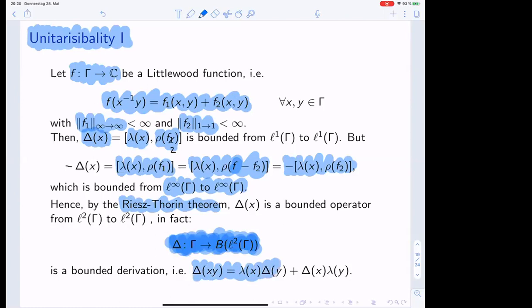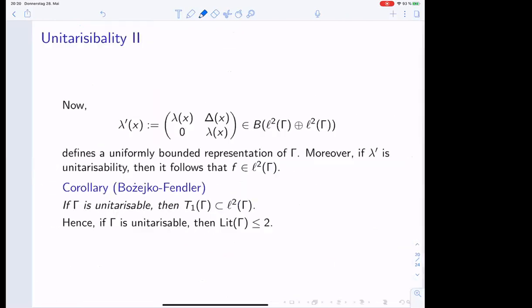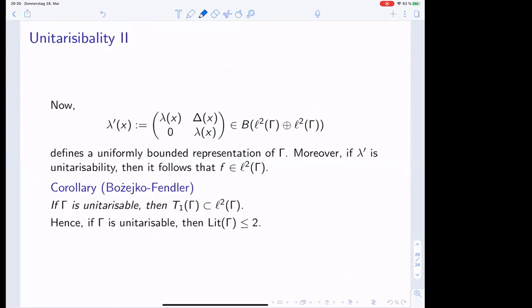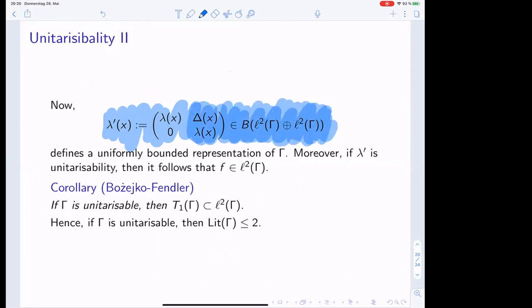It's not complicated to see that since everything was defined as a commutator, this is indeed a derivation. And using a simple trick, you can now define a representation by putting the derivation into the upper right corner of a 2x2 matrix. And this will be a uniformly bounded representation.